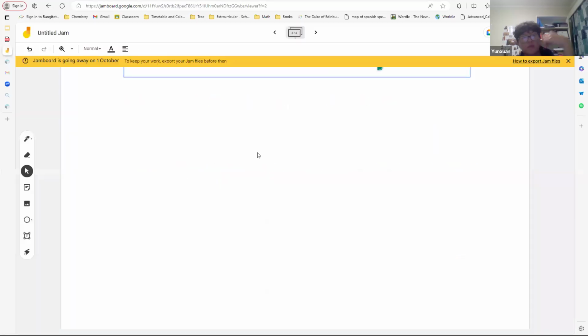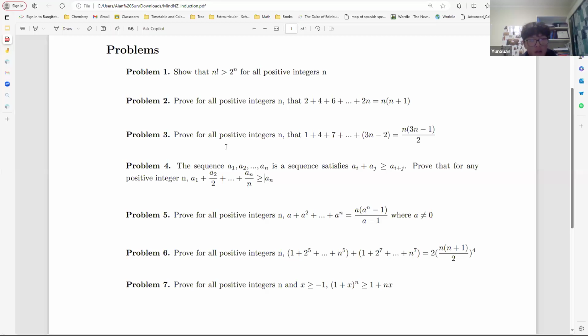Okay, so approaching this problem, how would we see that we should use induction? What would our main motivation for induction be?